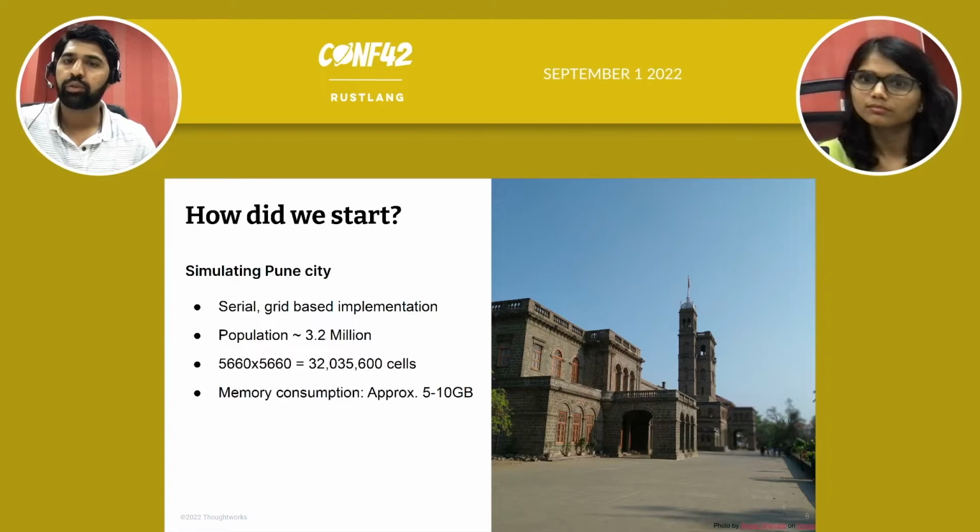The population of Pune city is 3.2 million, which means the number of elements this 2D matrix had to hold was close to 32 million cells, and the memory consumption was approximately somewhere between 5 to 10 GB, which was pretty big. Keeping our goals in mind, we wanted to model not just Pune city but also Mumbai, and go ahead and reach the scale of 100 million.